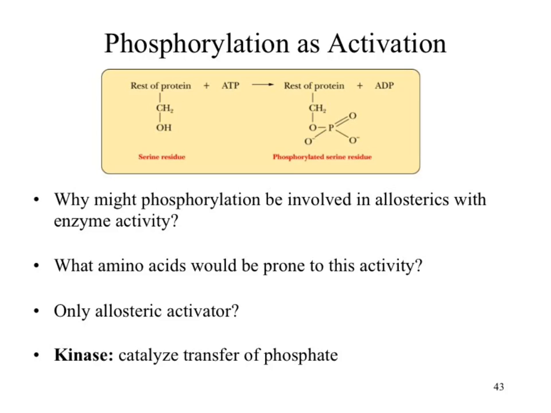Here's a fun question. What amino acids might we expect to be involved in this phosphorylation? Don't say serine. That's cheating. I'll accept amino acids like serine. Anything with an acidic hydrogen on the R group?